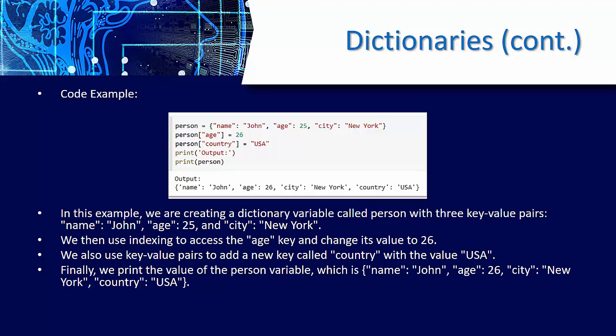We also use key value pairs to add a new key called country with a value USA. Finally, we print the value of the person variable, which is name equals John, age 26, city New York, country USA.